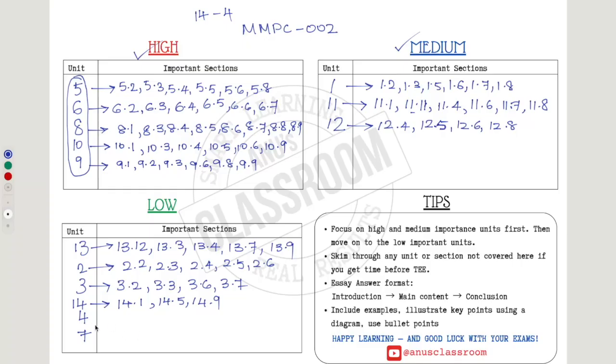These are the sections that are important from unit 14. In unit 4, please concentrate on 4.12, 4.3, and 4.6. And from unit number 7, you have to know about whatever is given in 7.1 and 7.2. These are the only places from where questions have come up in the previous years' term end examinations. Right? Now, these are for the essay questions.